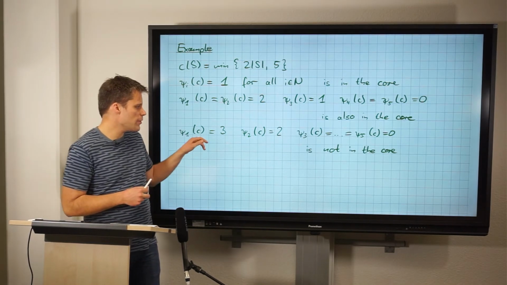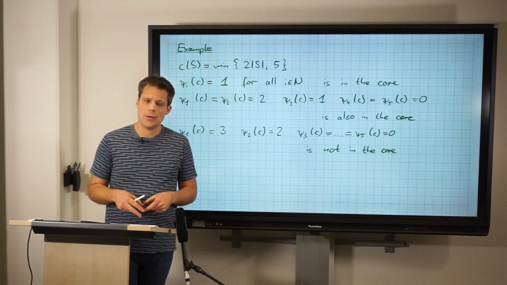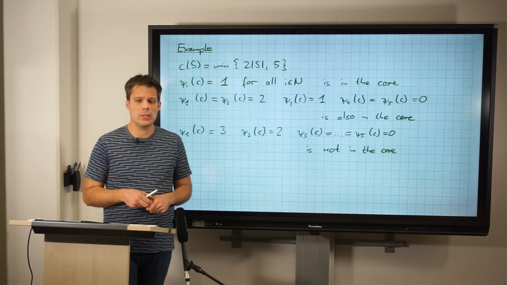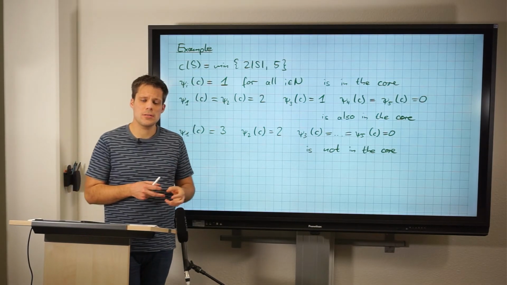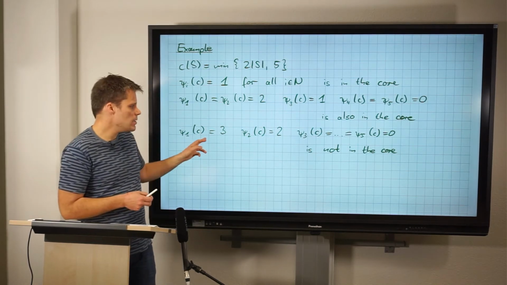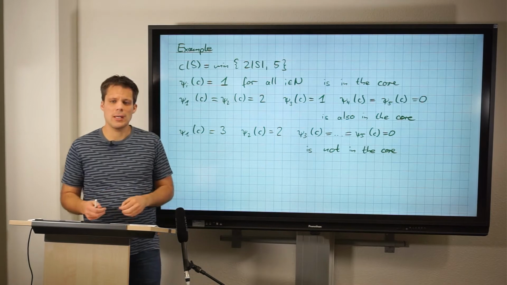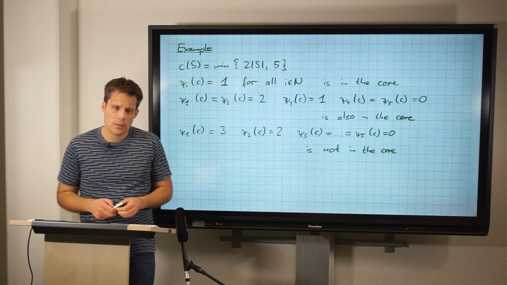Or also for the first 2 agents, they could also say, our cost together is only 4. So C of the set {1, 2} is 4. But here together we'll have to pay 5. Good.